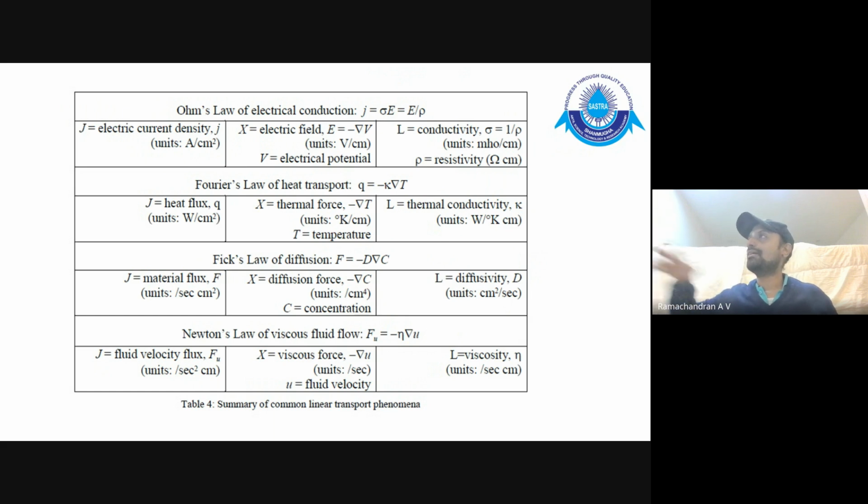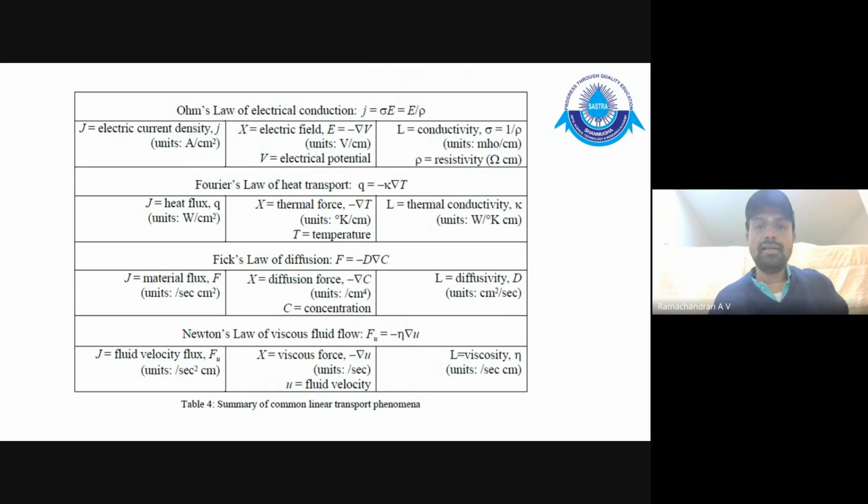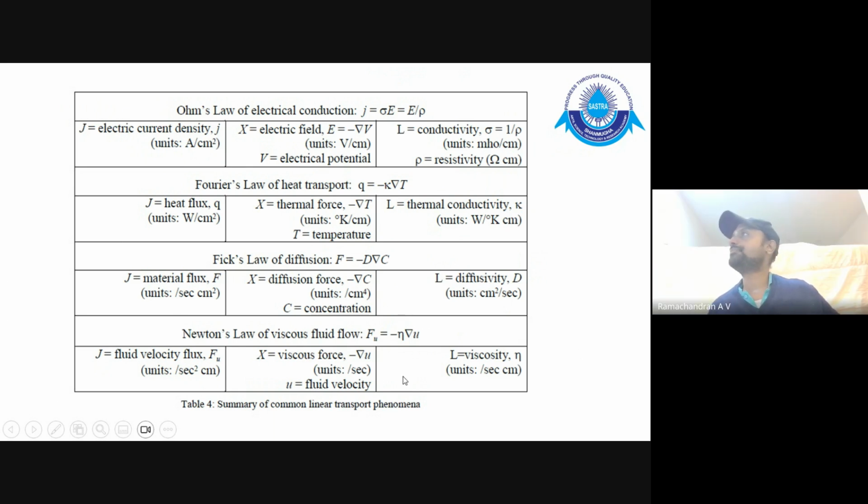You understand how beautiful the mathematics is here: a similar mathematical expression explains the front end as well as the back end mechanisms, because heat transport is one of your back end technologies. How are you going to take the heat out of your chip? That is governed by Fourier law, which is very similar to Fick's law. You can also see Newton's law of viscous fluid flow, which follows a similar form.